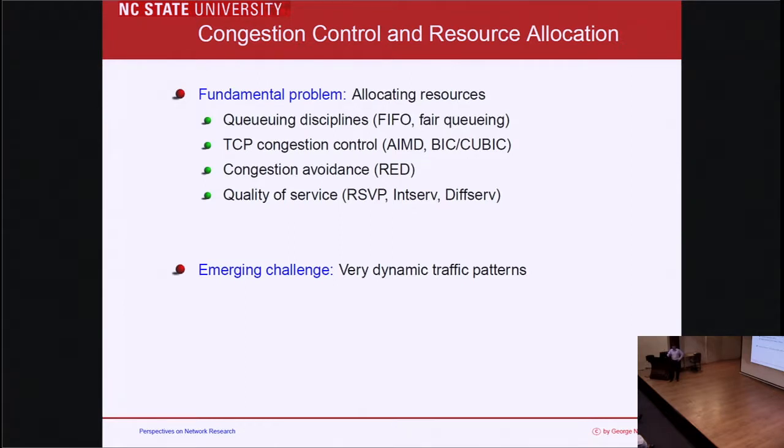Why? Because they have to go and update the indexes for your friends and your friends' friends, and so on and so forth. So the traffic patterns have become completely dynamic, okay? And so allocating resources becomes even more difficult, right?